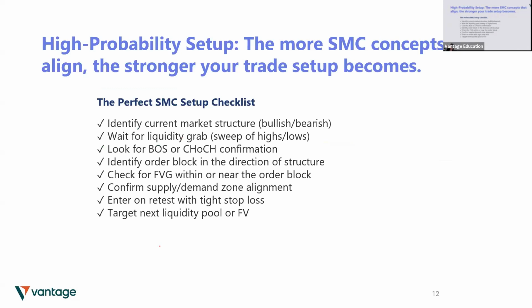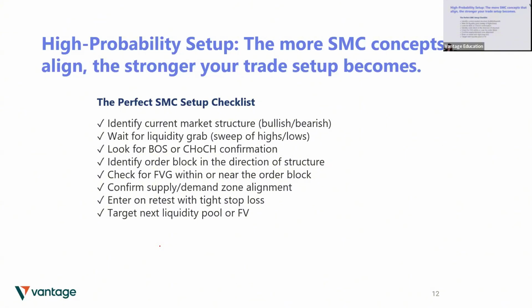Okay, so, high probability setup: the more SMC concepts that align, the stronger your trade setup becomes. This is the checklist if you want to trade with SMC. First, you need to identify the current market structure, whether it is bearish, bullish, or sideways.